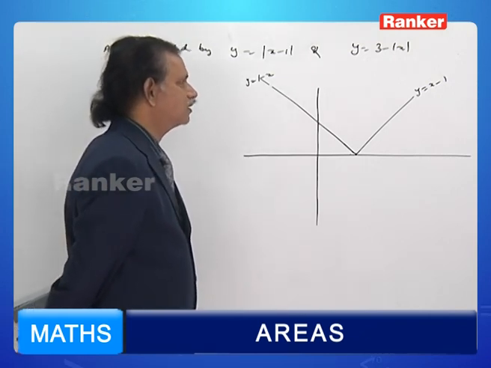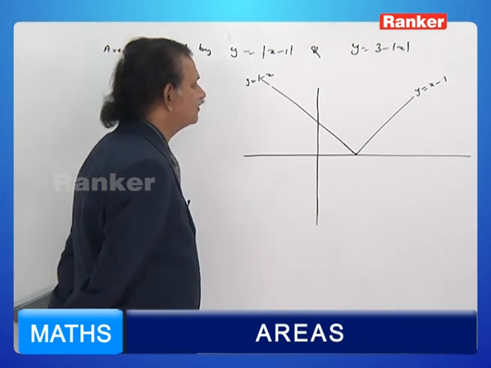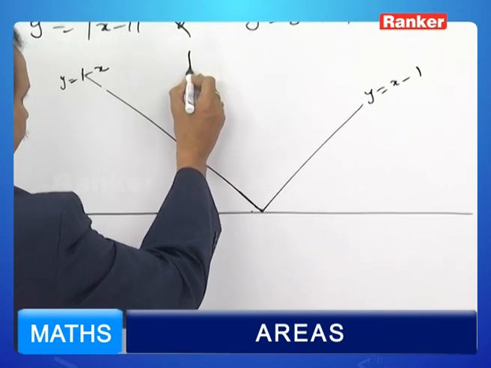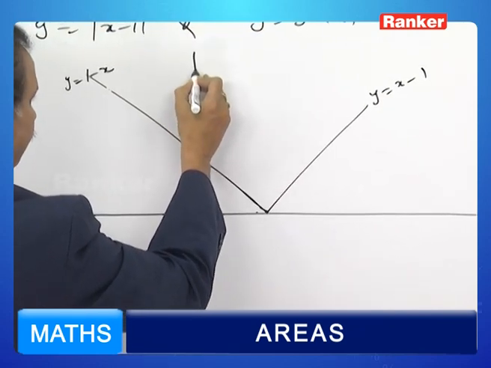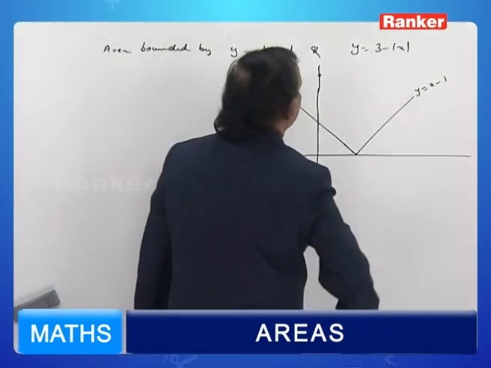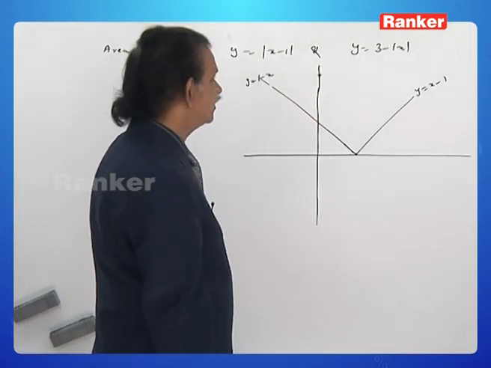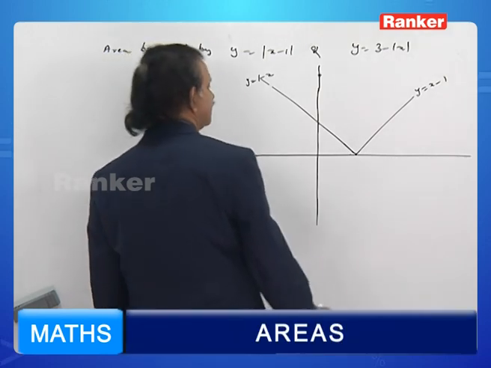It meets the y-axis at x equal to 0, that is y is equal to 3, and meets the x-axis at plus or minus 3, isn't it?